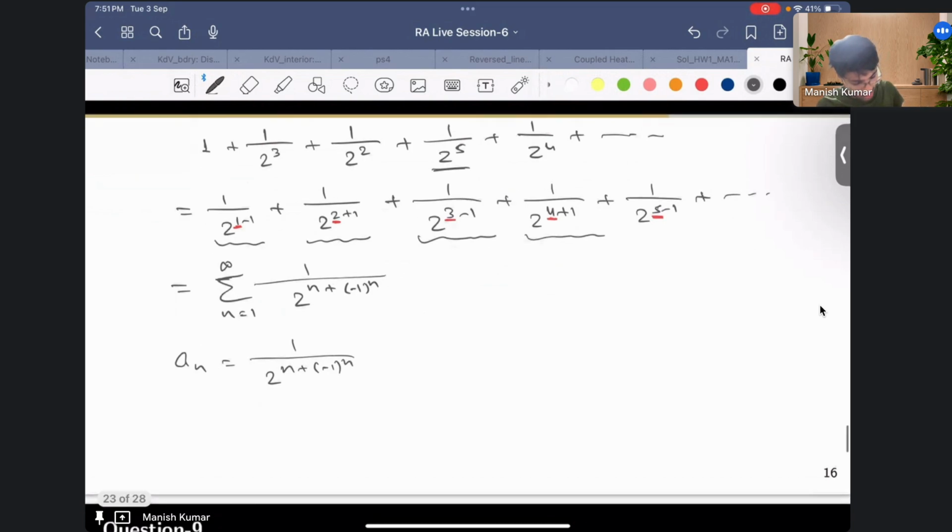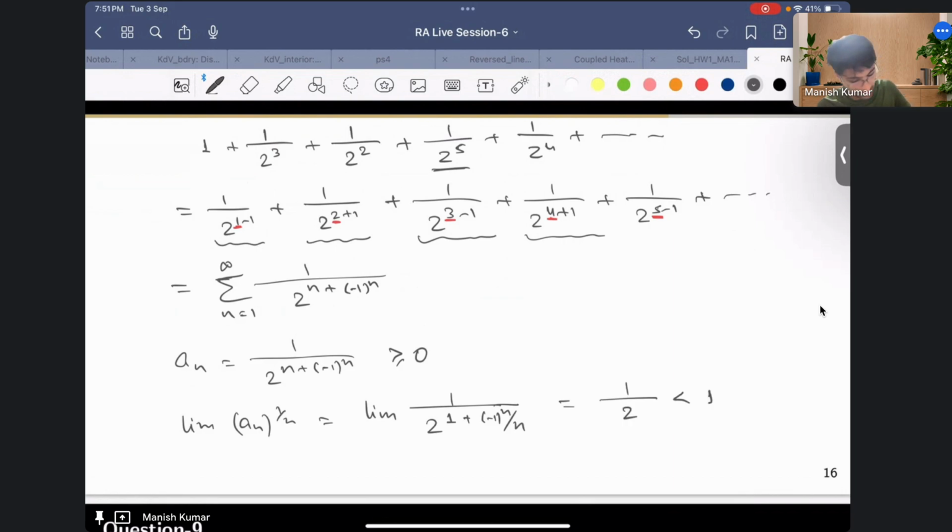Clearly this is a positive sequence. So the limit as n goes to infinity, if you take the 1 by nth power, what do you get? 1 by 2 raised to the power 1 plus minus 1 raised to the power n upon n, right? This is what you get if you take the 1 by nth power of this term. Then clearly this limit is going to be 1 by 2, and this is clearly less than 1.